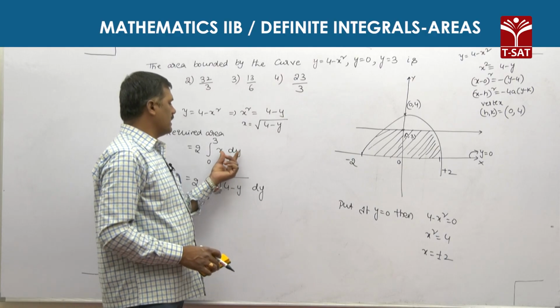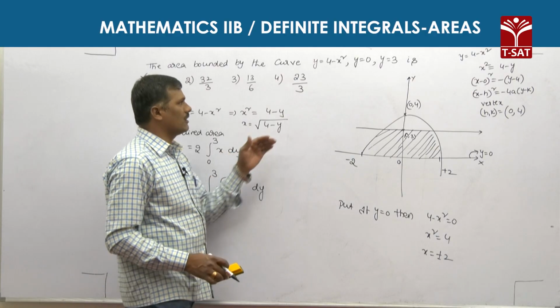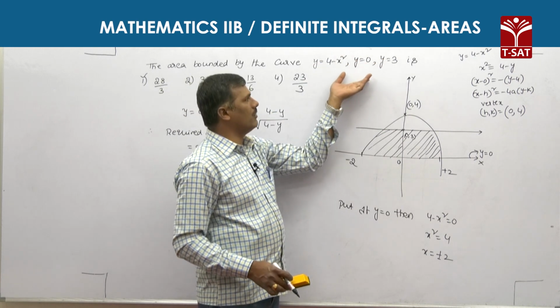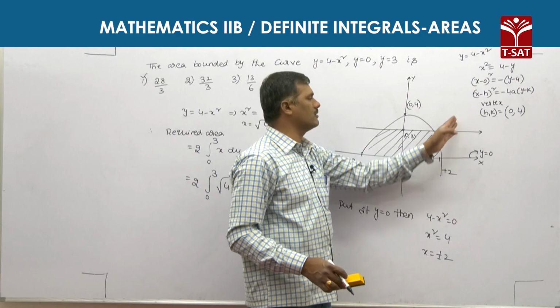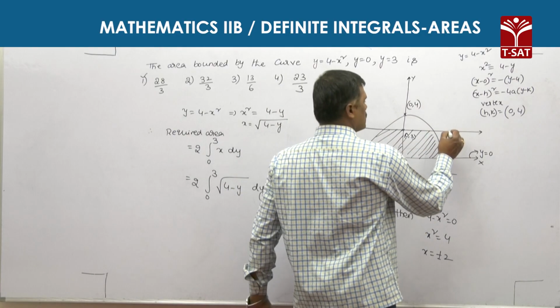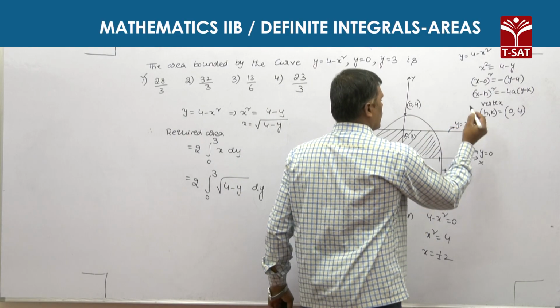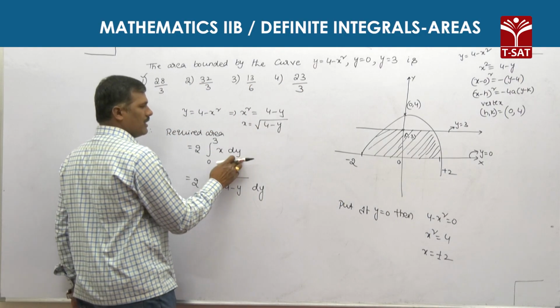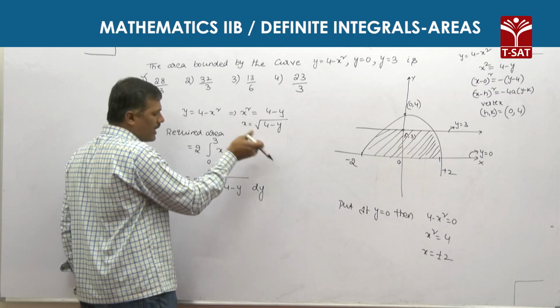Why we have taken x in terms of y here is because the question clearly says y equal to 0, y equal to 3. Y equal to 0 and y equal to 3 mean y equal to c, y equal to d. So with the y-axis, that's why x into dy, where x is a function of the variable y.